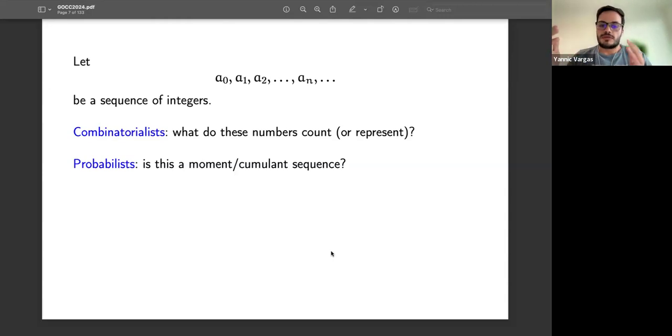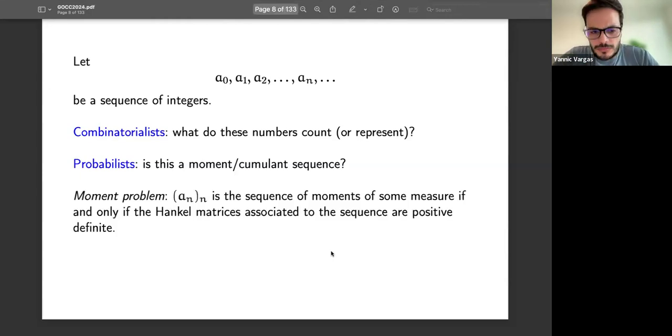There is a very nice link between sequences of moments and sequences of cumulants that I will emphasize in a moment. From the probability point of view, this is called the moment problem, and it is quite standard in the theory. It has a solution in the sense that you can say whether a sequence corresponds to a sequence of moments.